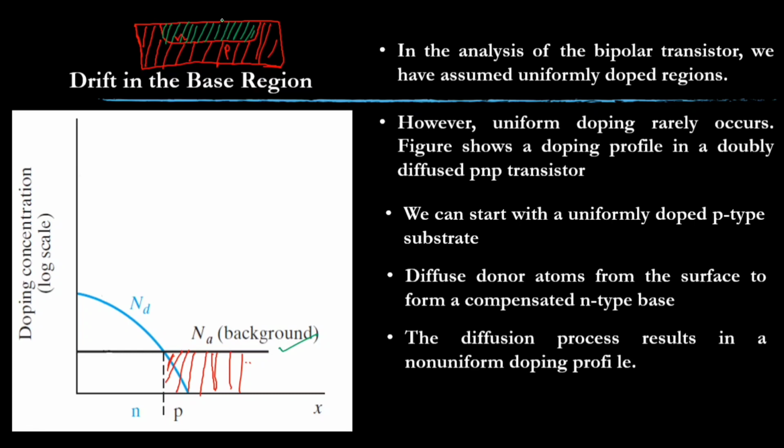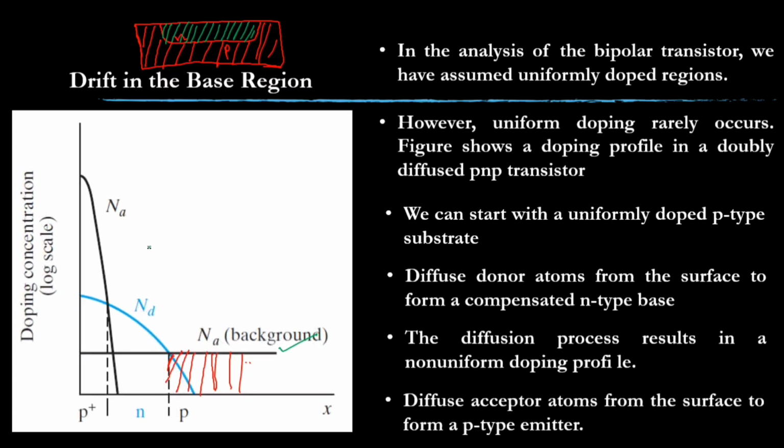Now we dope with acceptor atoms at a higher concentration. On the n area I get one more small region, which is my highly doped p region.